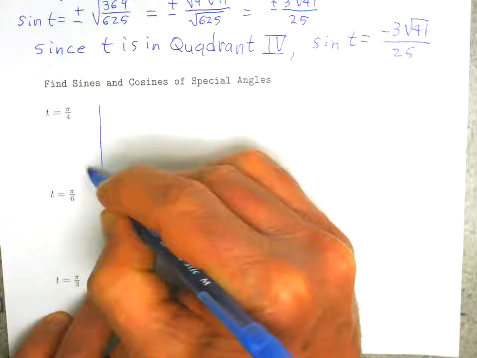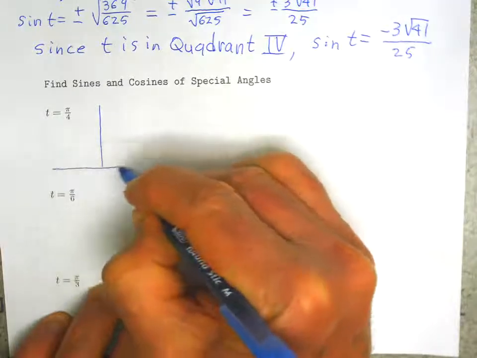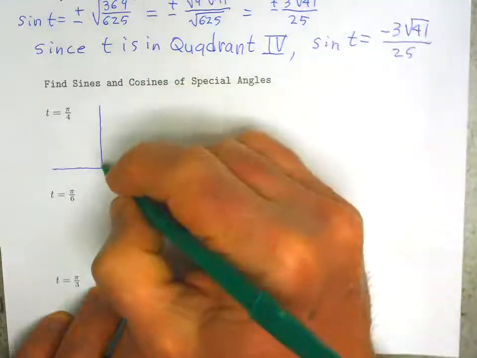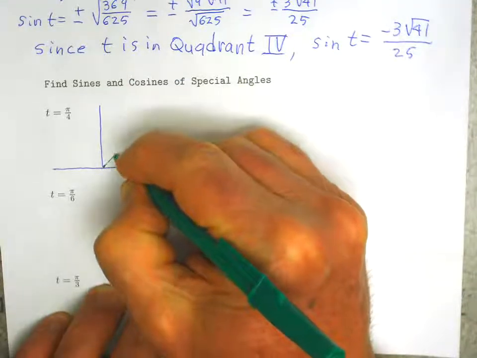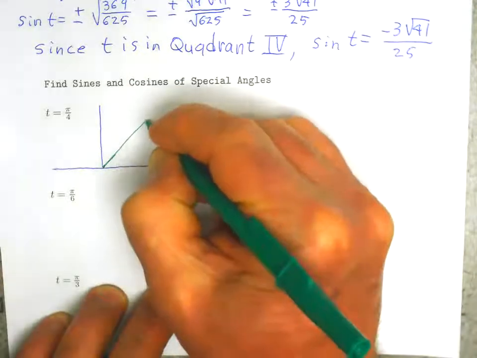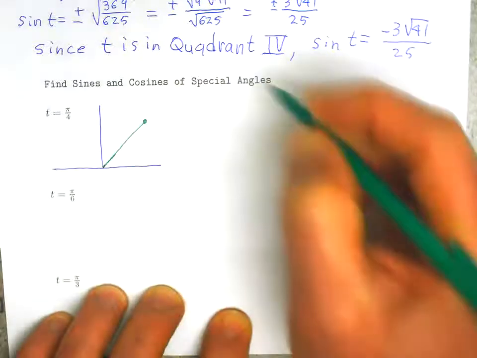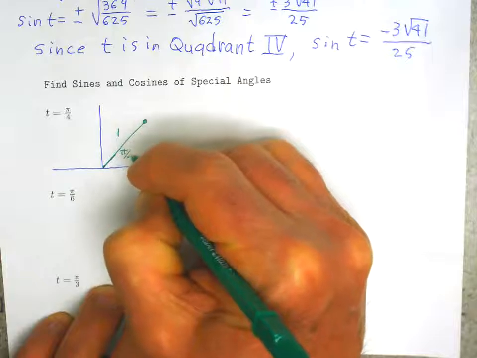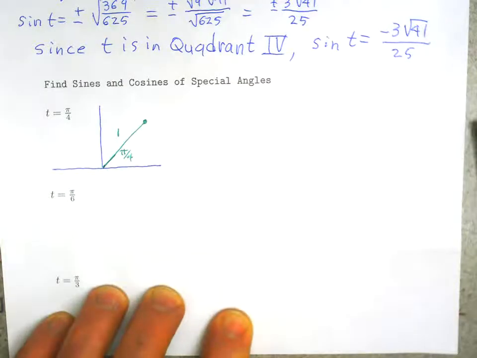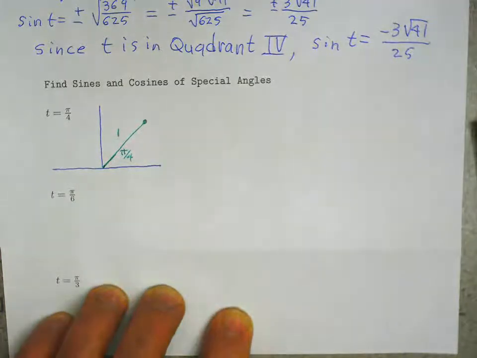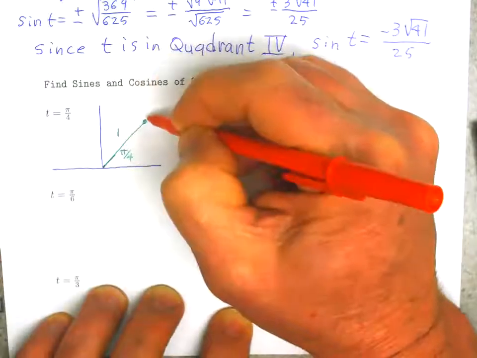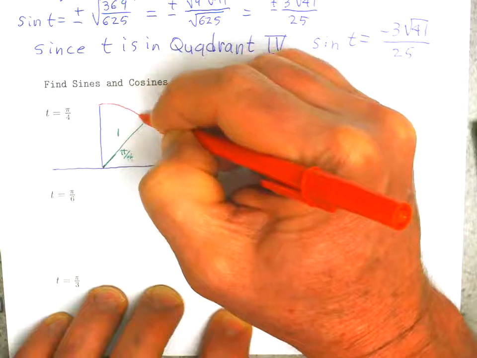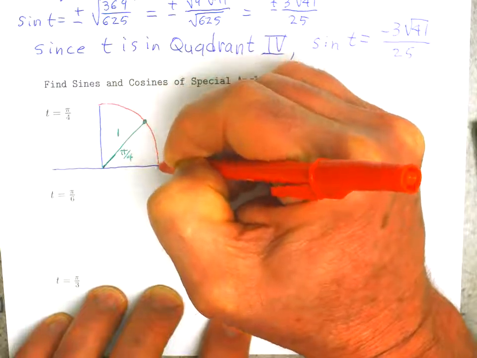So in the first quadrant, I'll attempt to draw a 45-degree angle. Radius is 1, or pi over 4 radians. So this is a point on the unit circle. I'll sketch in a portion of the unit circle.